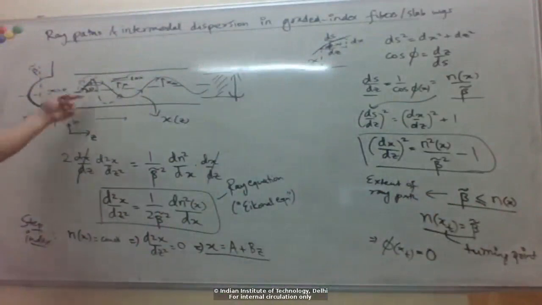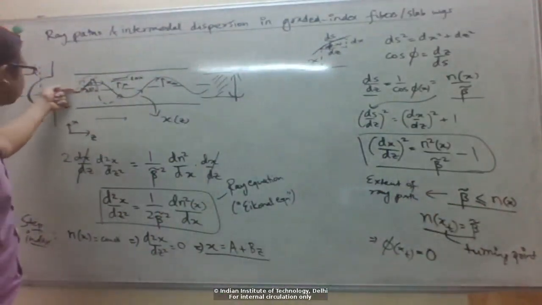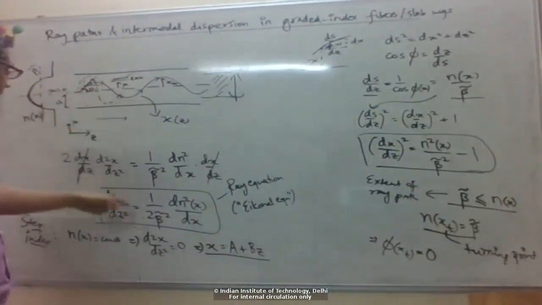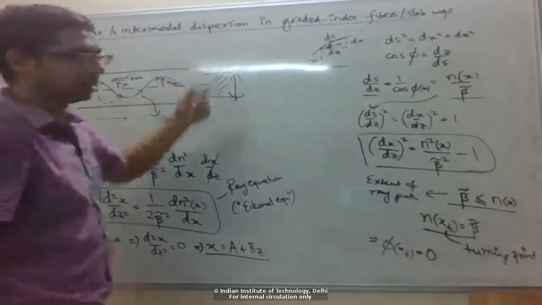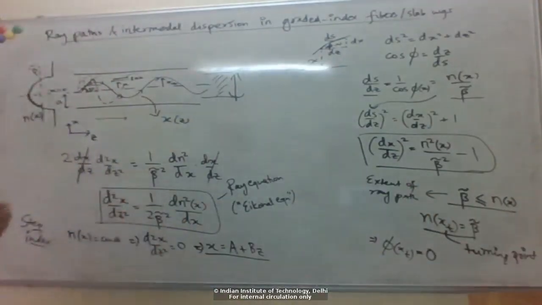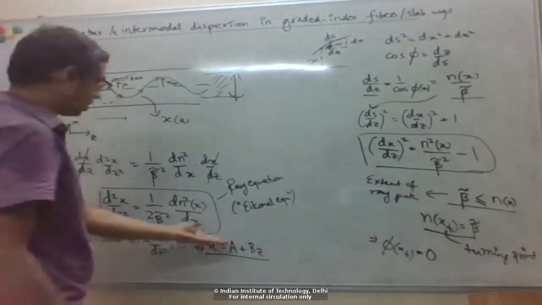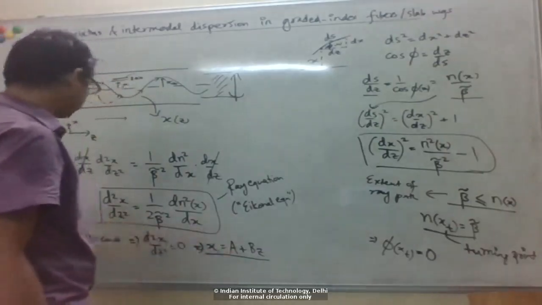So if I launch with launch angle 0, so theta is 0 along the axis, then beta tilde will just be n at 0, and in that case the path is just a straight line, like we had for the step index. So that's satisfying, that we can recover the solutions we expect for the step index.